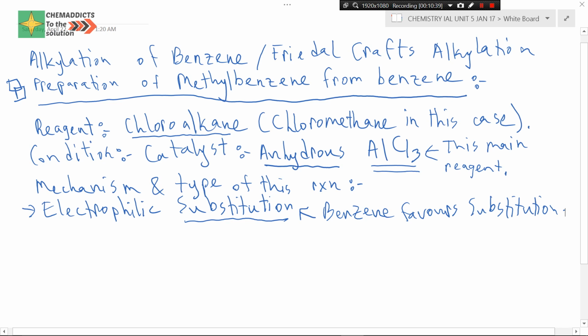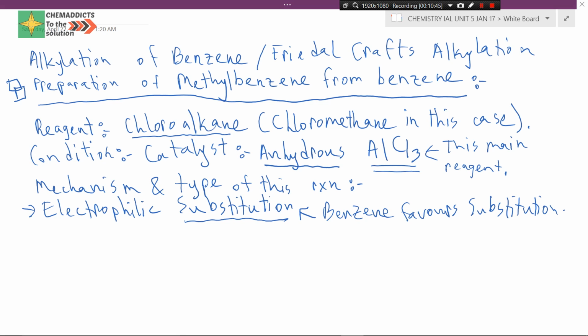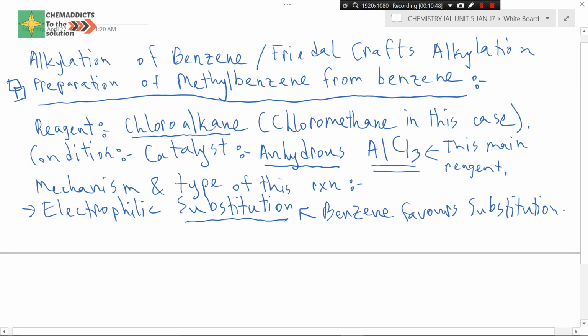Okay, so now let us discuss the mechanism of this reaction. So the mechanism would be like this.